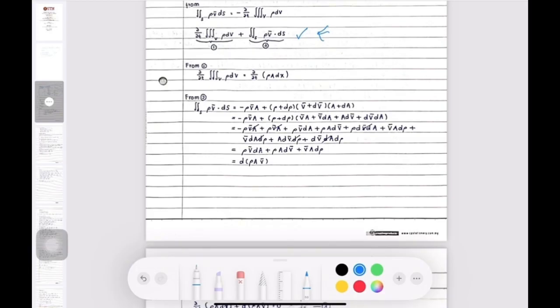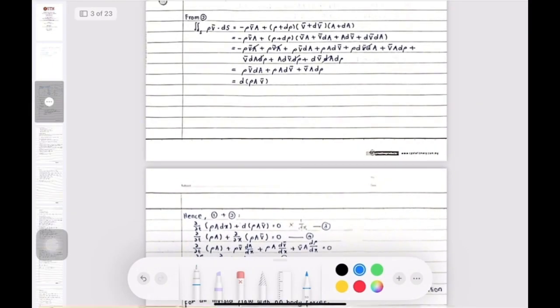So from 1, the left hand side is the volume integral. Then from 2, the right hand side is the surface integral, which is here.